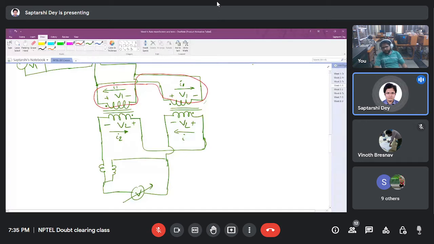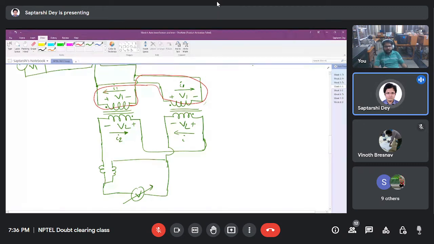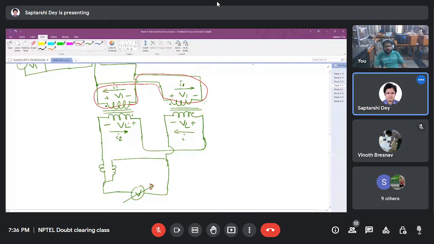So the primary winding is drawing full load current at rated voltage, but they are not drawing the current from the supply. On the other hand, the secondary are at full load current, but at a very less supply voltage.